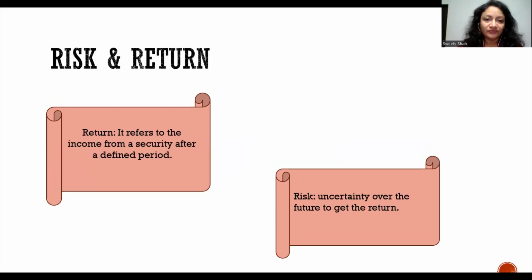First of all, we will understand what is return and what is risk. The term return refers to income from a security after a defined period, either in the form of interest, dividend, or market appreciation in security value. On the other hand, risk refers to uncertainty over the future to get this return.